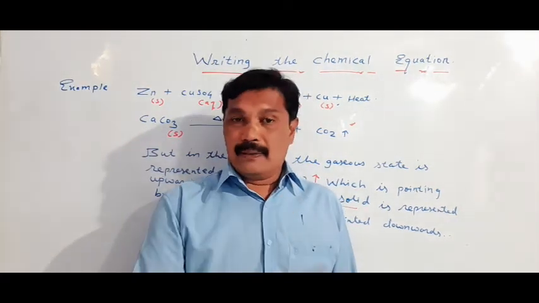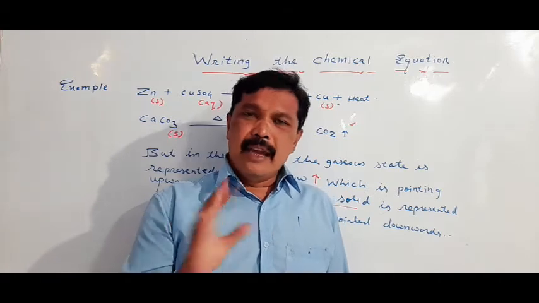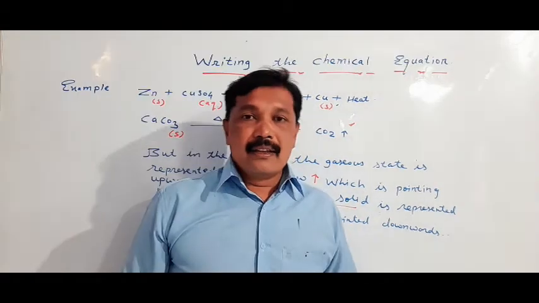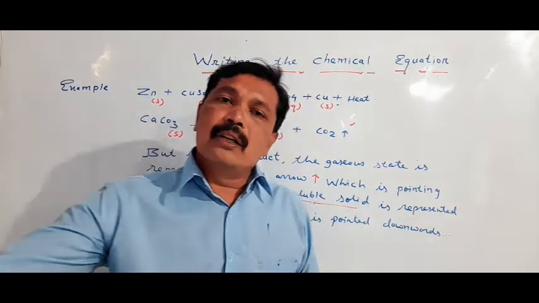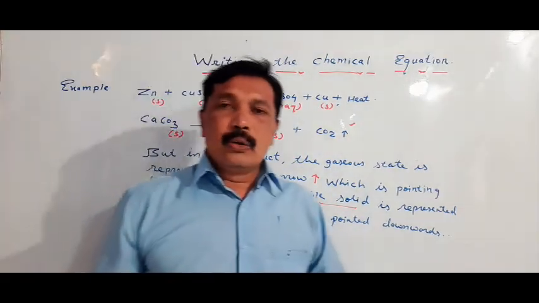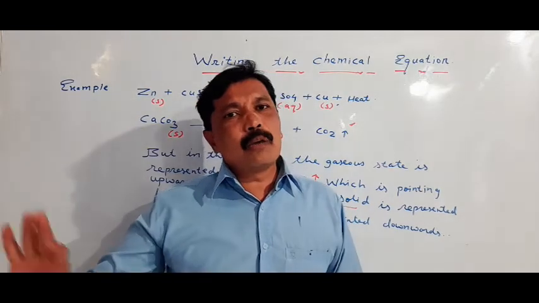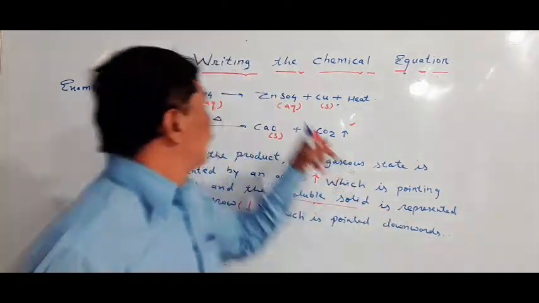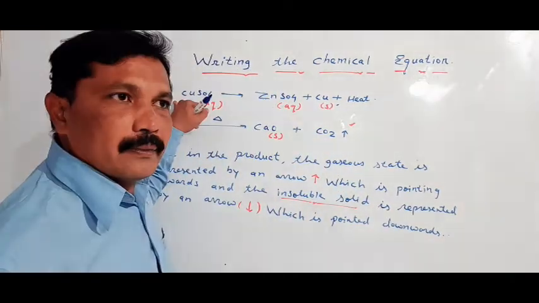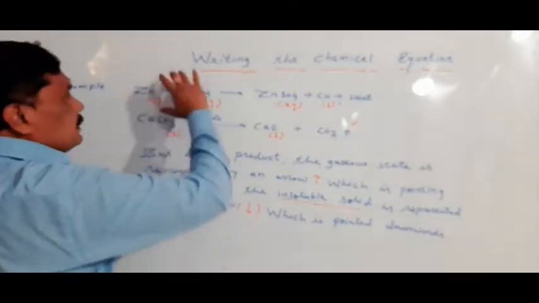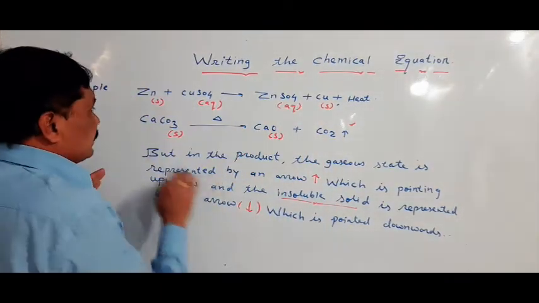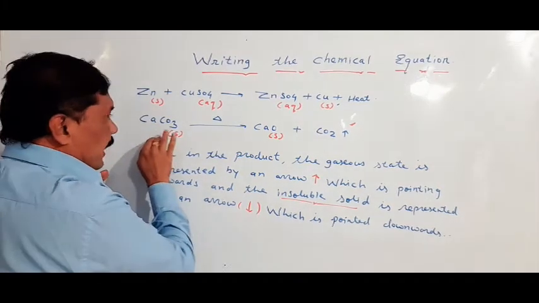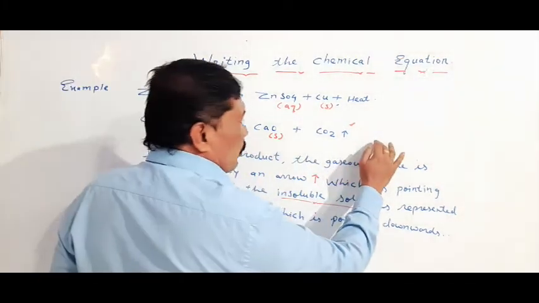My dear student, we have studied that the reactants are written on the left hand side and the products are written on the right hand side. Two or more reactants, two or more products are separated by plus sign. Reactants and product are connected by an arrow which starts from the reactants towards the product.